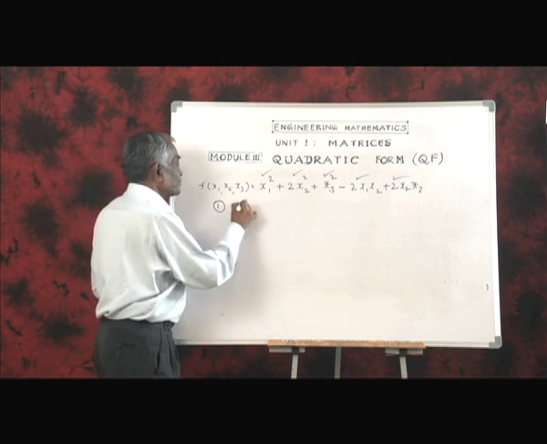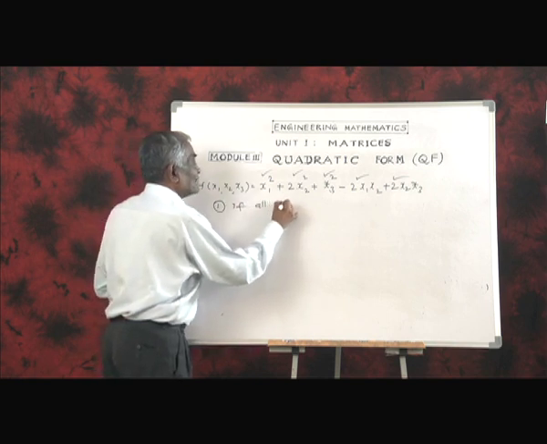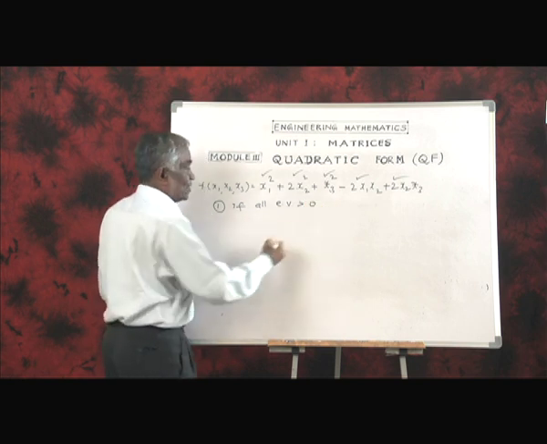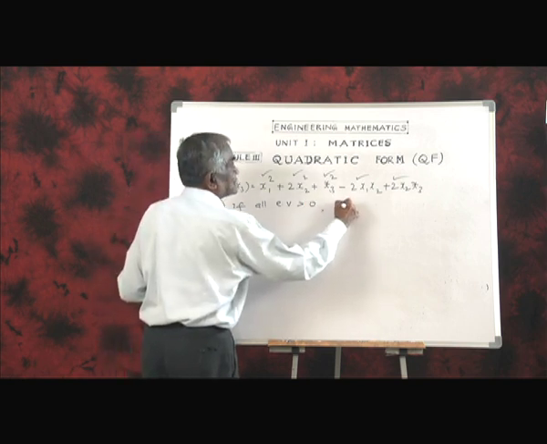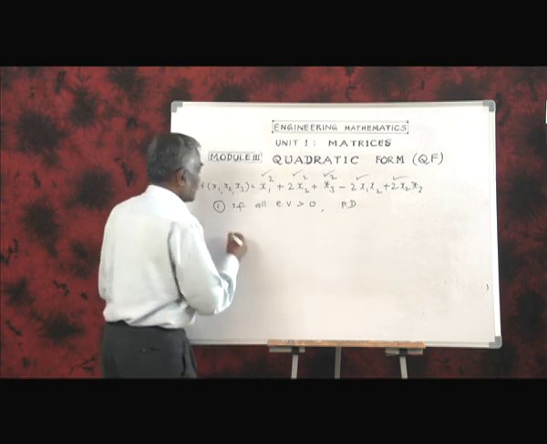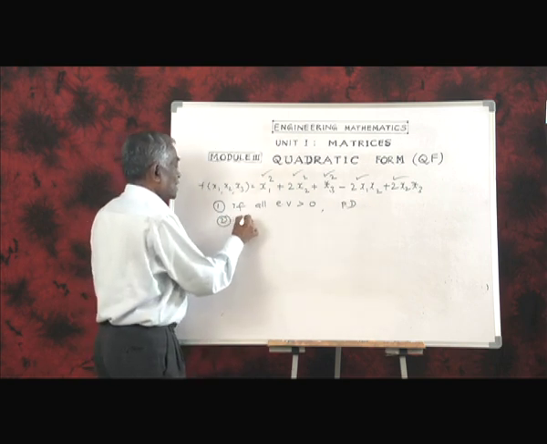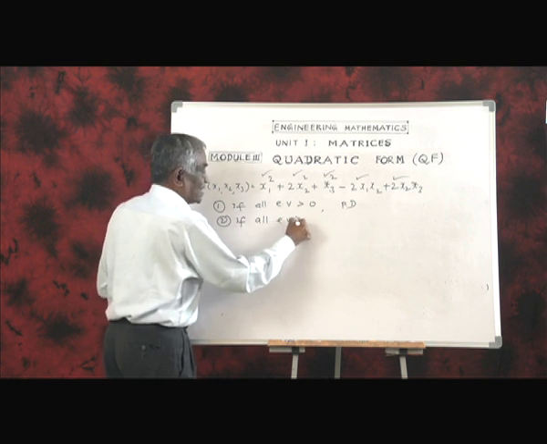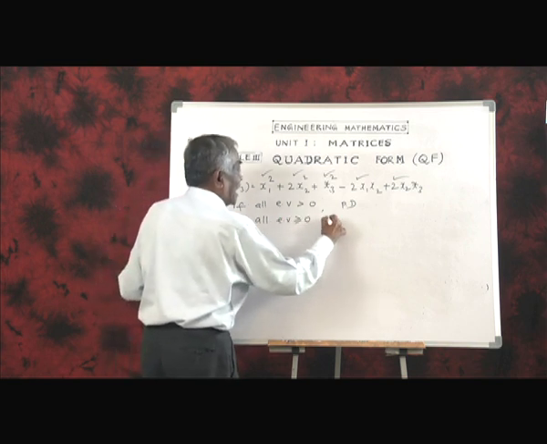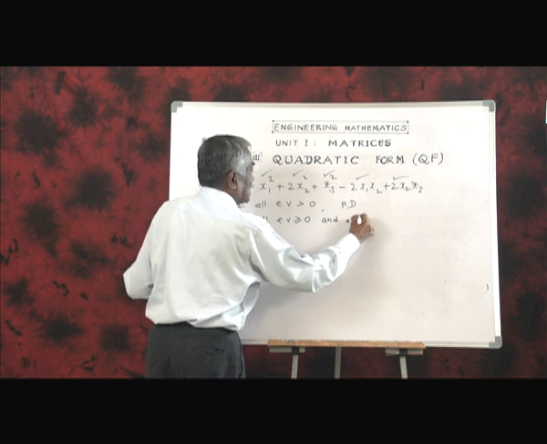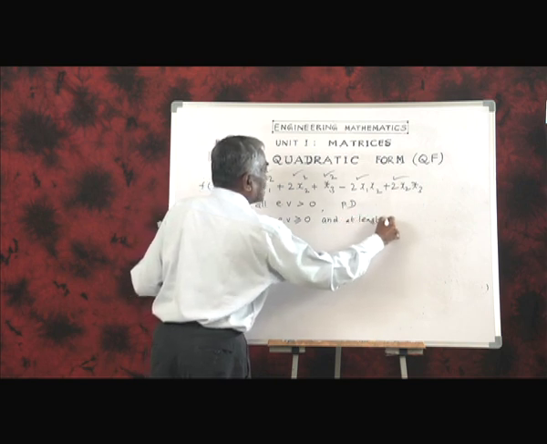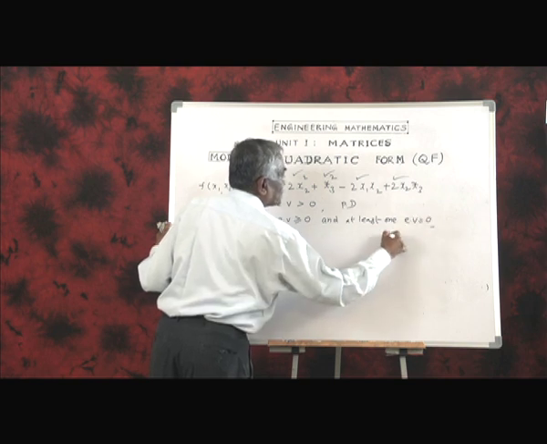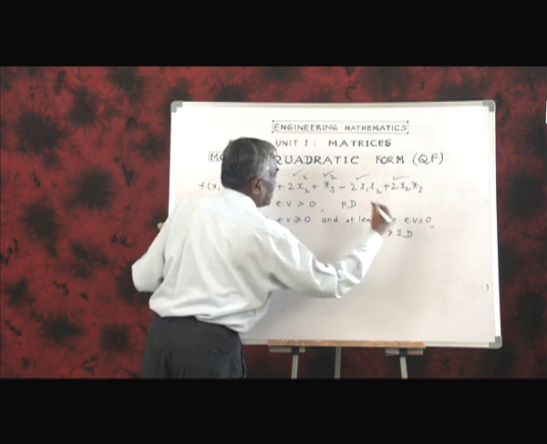Number 1, if all the eigenvalues are positive, that means greater than 0, then the nature of the form is positive definite. Then number 2, if all eigenvalues are greater than or equal to 0 and at least one eigenvalue is equal to 0, then it is positive semi-definite.